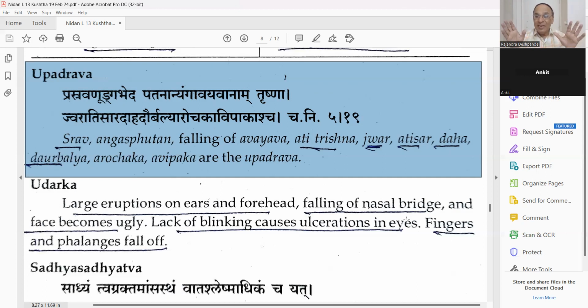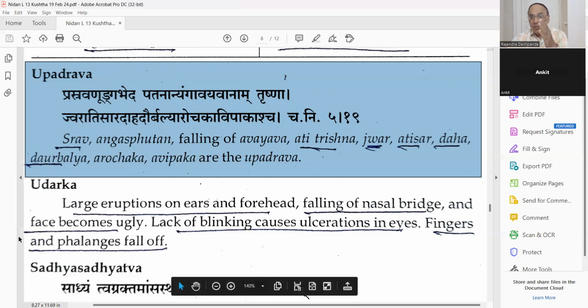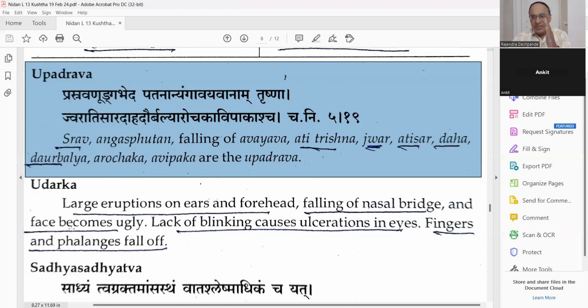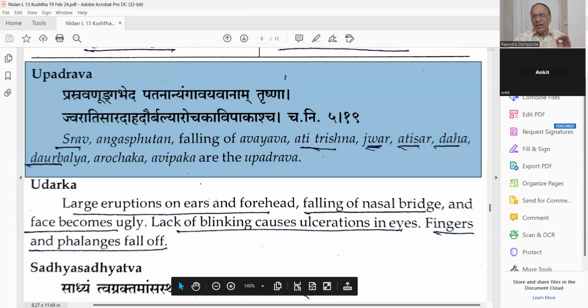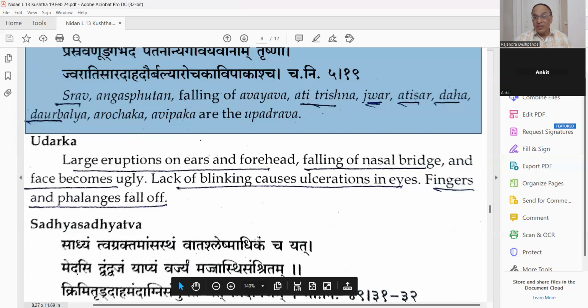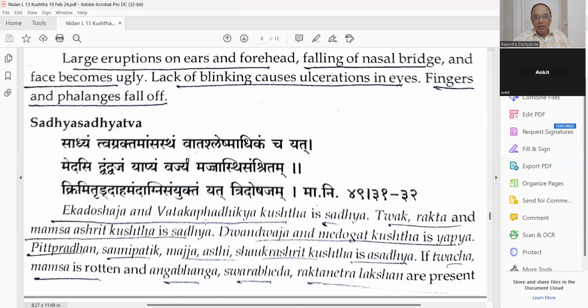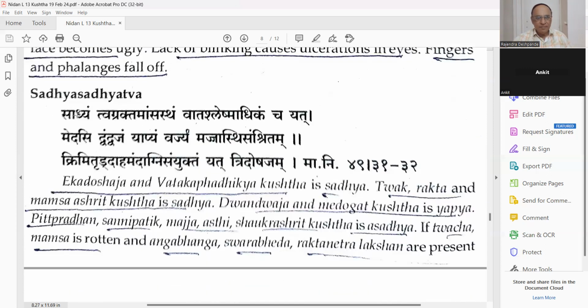That is a disability, or what you can say, a deformity. Udarka can be deformity. Please write down disability and deformity. Don't forget that. And the face becomes ugly in leprosy, Hansen's disease. Lack of blinking causes ulceration in the eyes. Fingers and phalanges fall off. Very unfortunate.